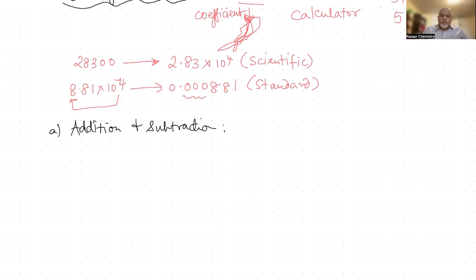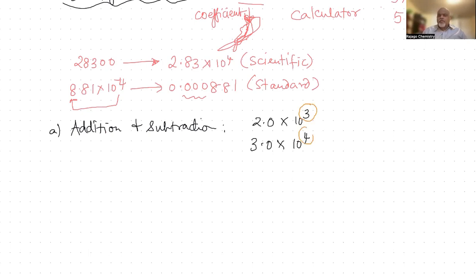If you're going to add two numbers, 2.0 times 10 to the power 3 and 3.0 times 10 to the power 4, one number has 3 as an exponent and the other has 4.